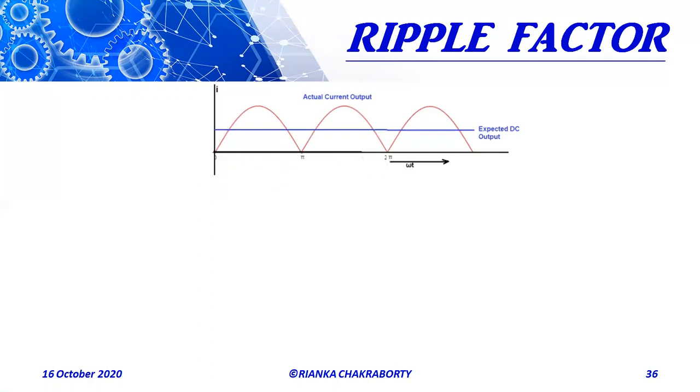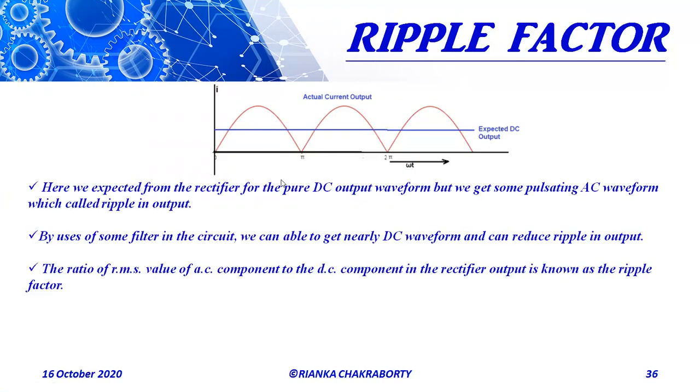Now, ripple factor. So what is ripple factor? We can see that the output of the rectifier consists of DC component as well as AC component. The AC component in the rectified output is called ripple.